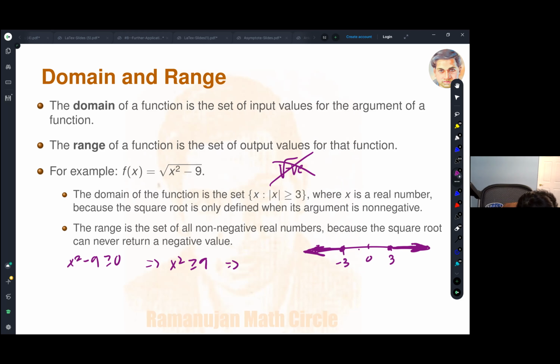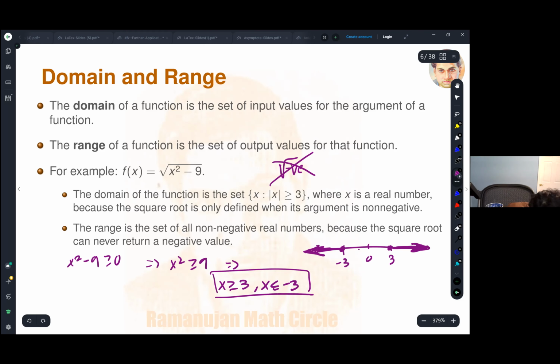So what we get is that the domain is x is greater than or equal to 3 and x is less than or equal to negative 3. So that's our domain. And then our range is something different because in this case, just plug in anything and you get all the real numbers.